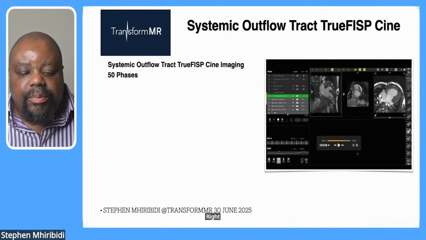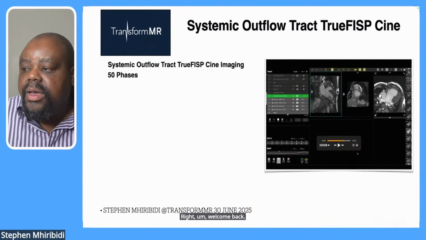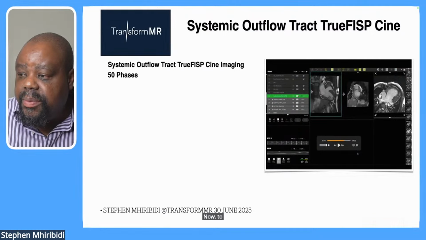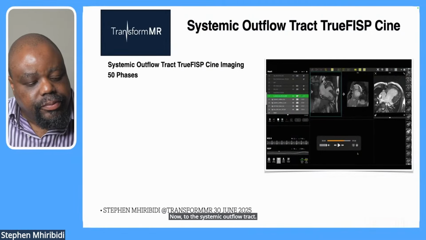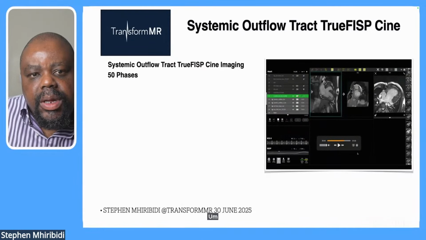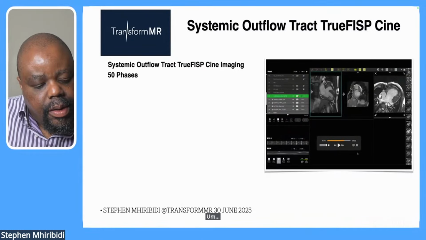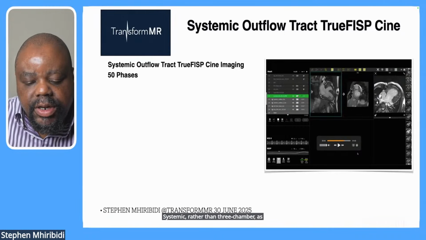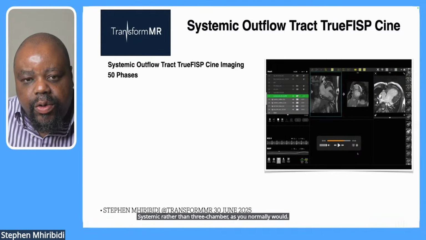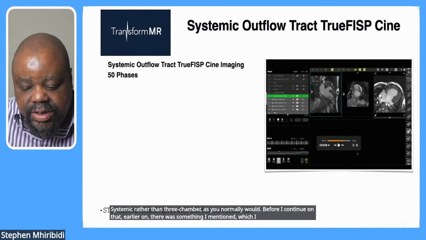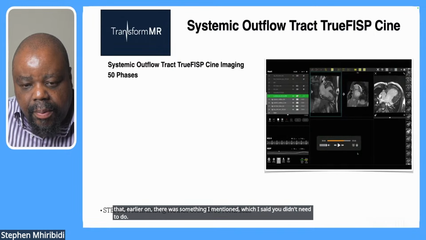Right. Welcome back. We shall move on now to the systemic outflow tract. Now, systemic rather than 3-chamber as you normally would. But before I continue on that, earlier on there was something I mentioned which I said you didn't need to do, but said would come back.